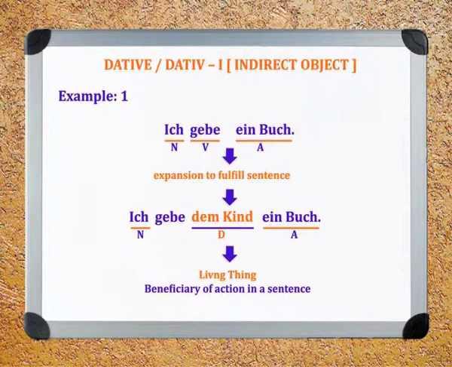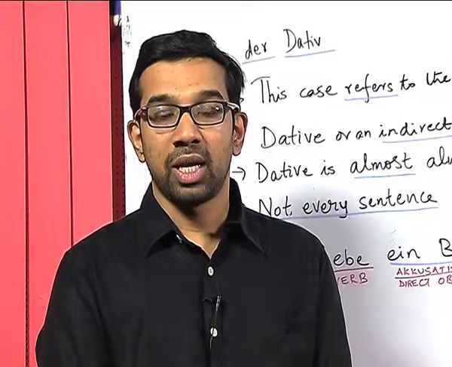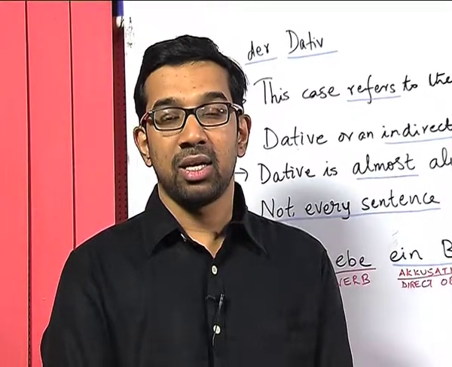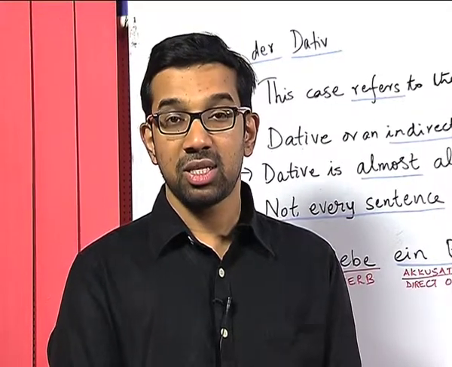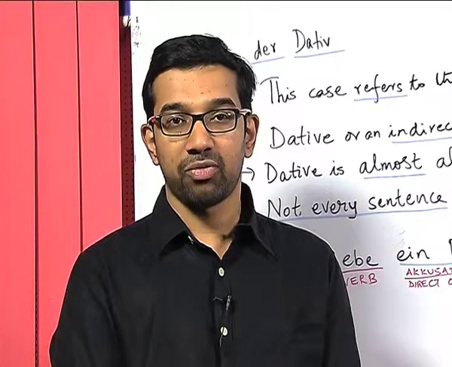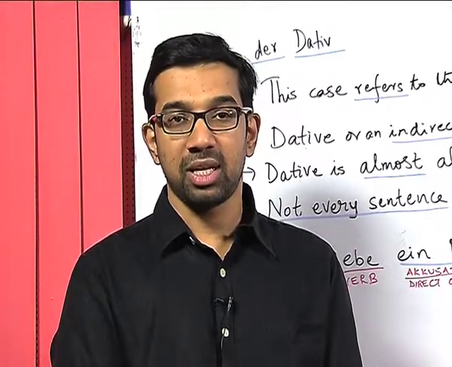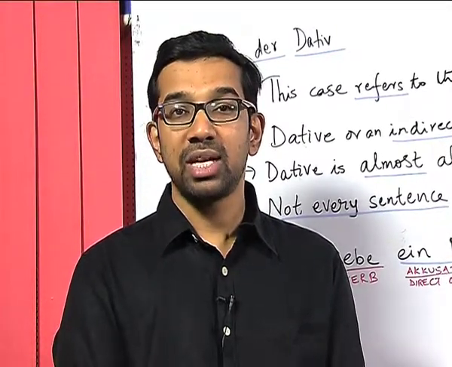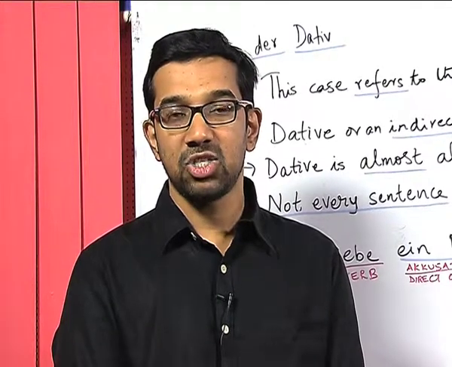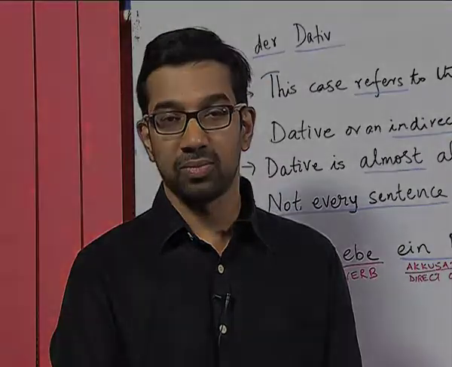This new element changes the meaning of the sentence considerably. So dative, as the third case, changes the article of the noun, as you can see from the example. Now, let us see how the article is changed in the dative case.